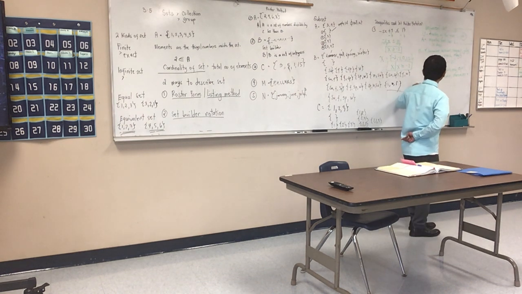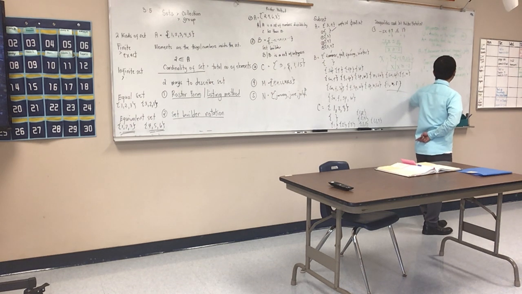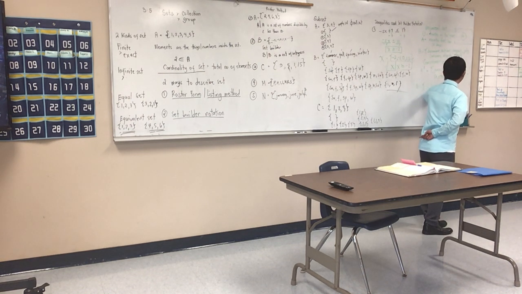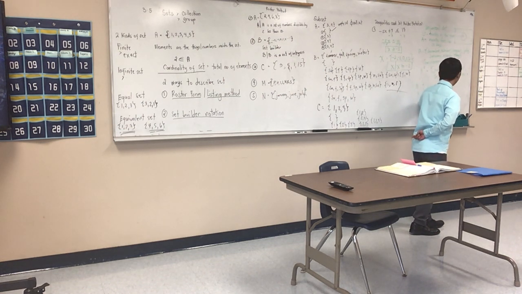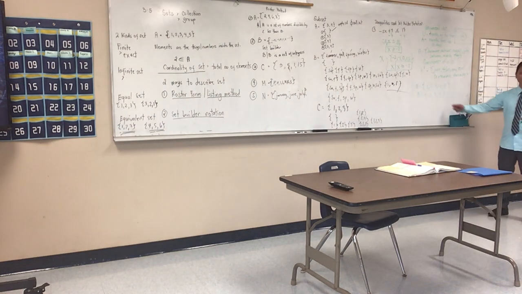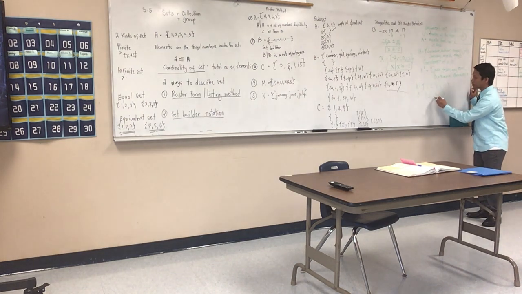Last example. For the universal set we have 1, 2, 3, 4, 5. And set B we have 2, 3, 5. So what is the complement of set B? This is the universal set, isn't it? Set B, 1 and 4 are not found here.